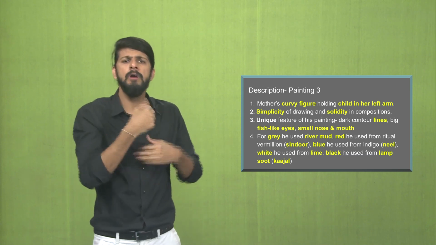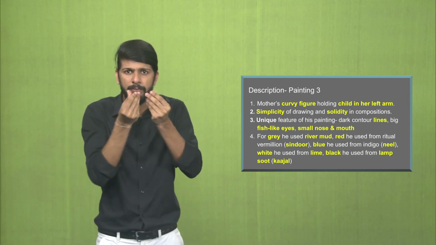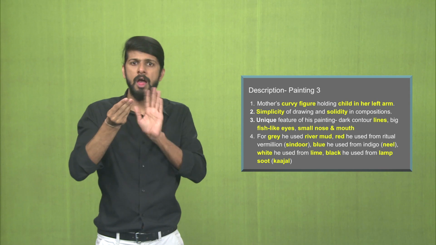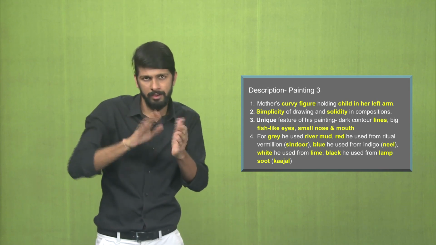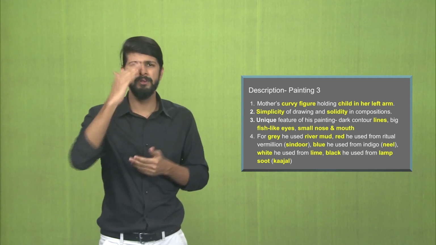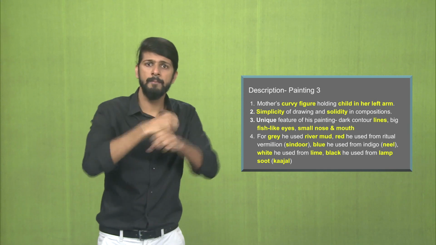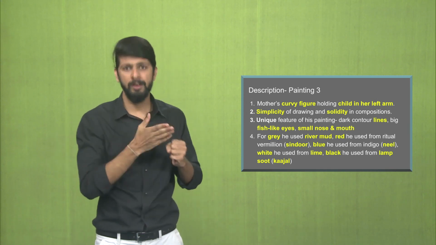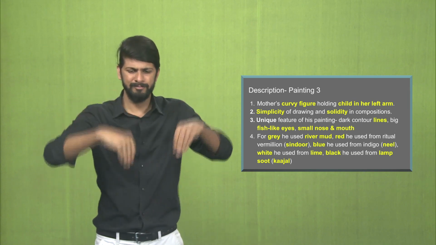For the colors, for example grey, he would use the river mud. Also the ritual vermilion, which we know as sindoor, was what he used for the color red.